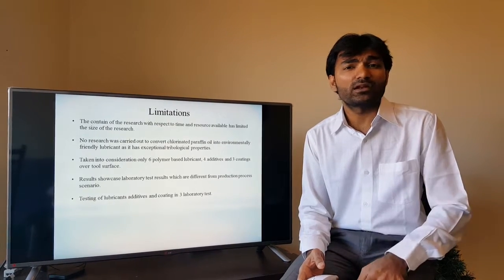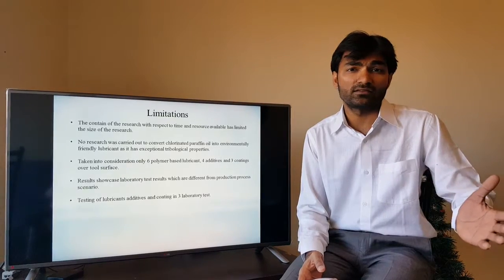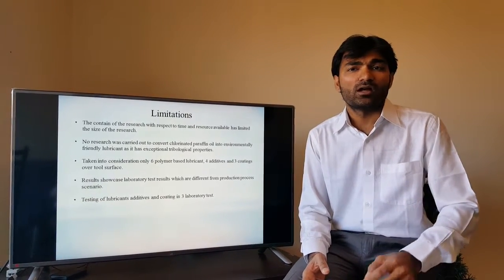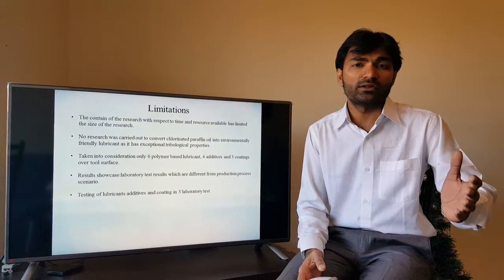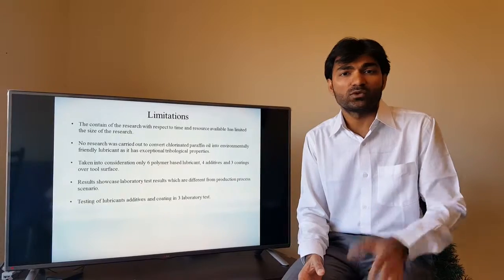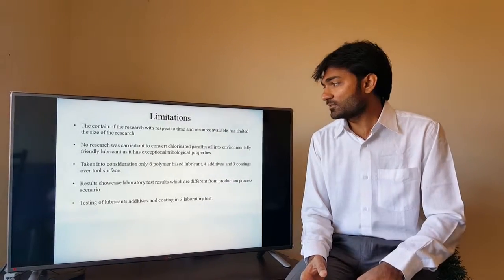Chlorinated paraffin oil is very well known for its tribological properties. It is just that it is hazardous to the environment. Research should have been carried out on how chlorinated paraffin oil can be converted into a non-hazardous lubricant, because it has very good tribological properties compared to the polymer based lubricants.